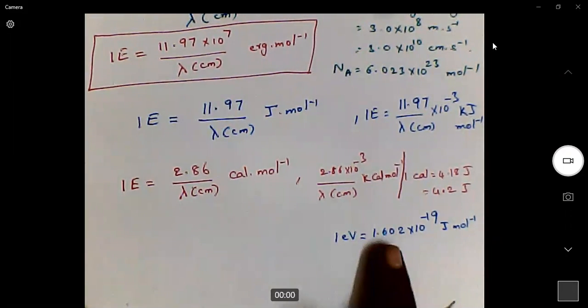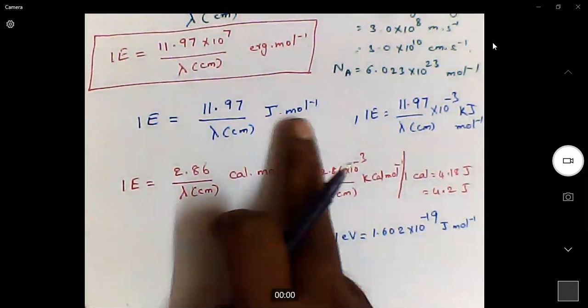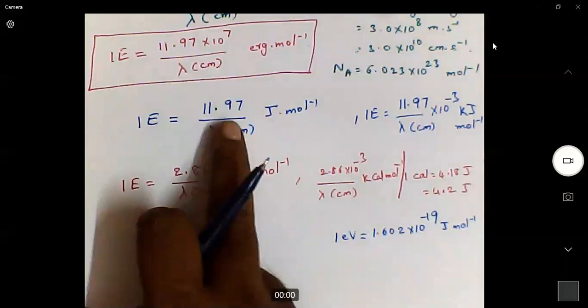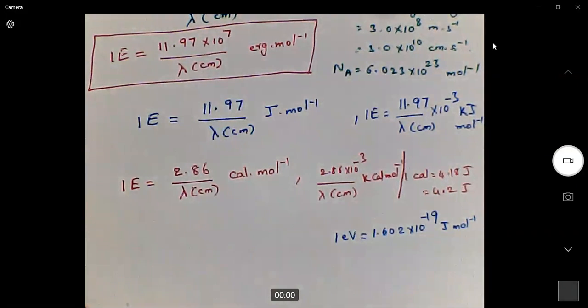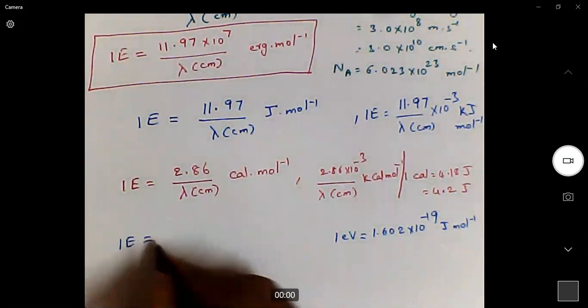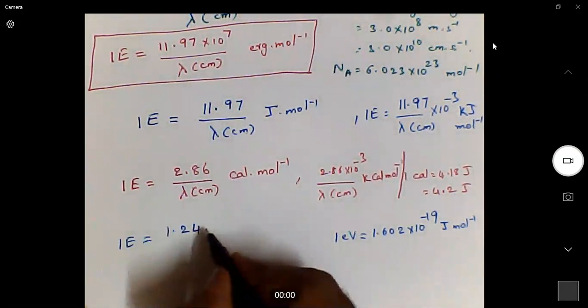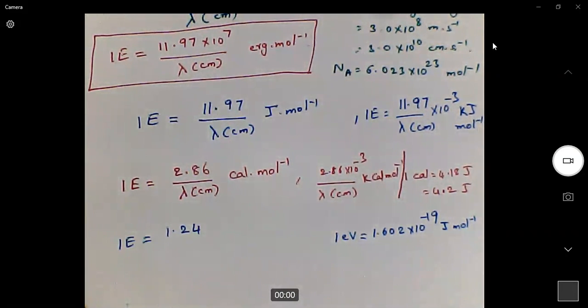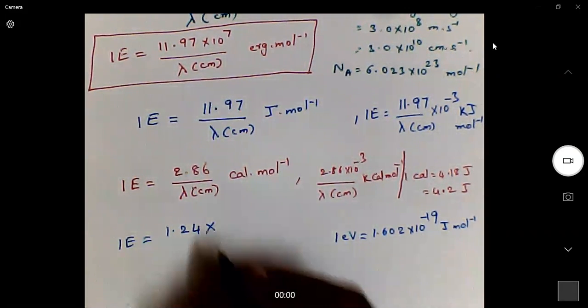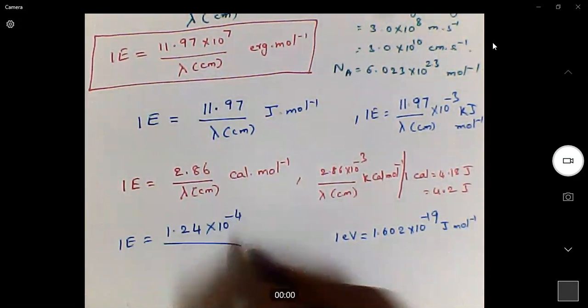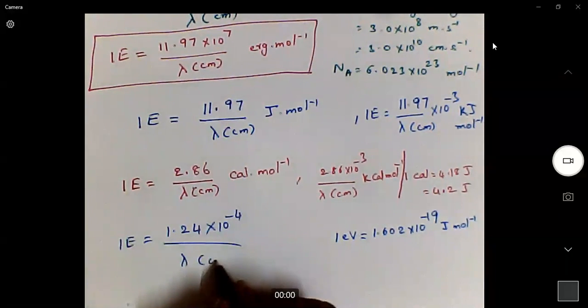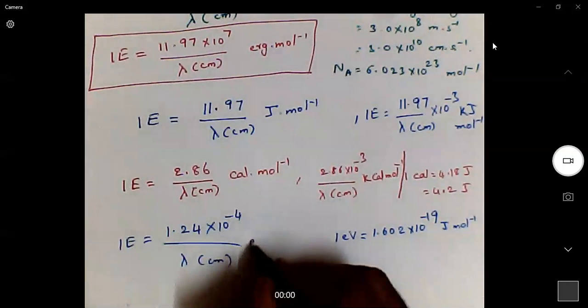So you just substitute joules per mole. So just divide this value with 1.602. We will get 1 Einstein is equal to 1.24 into 10 power minus 4 by lambda in centimeters electron volts.